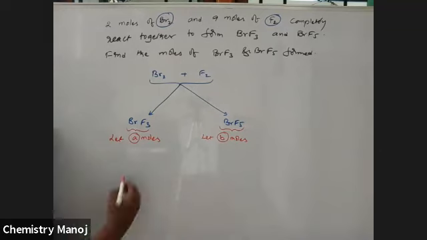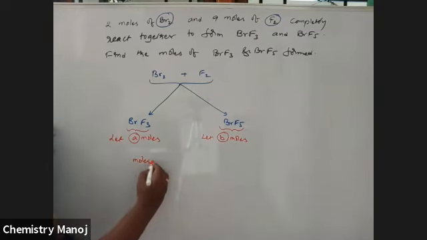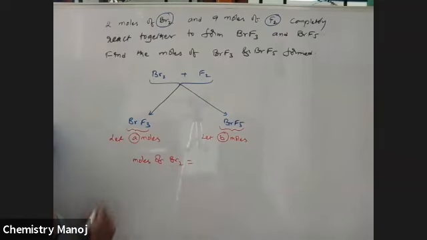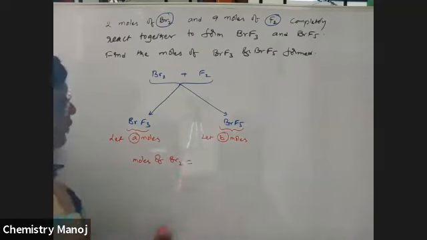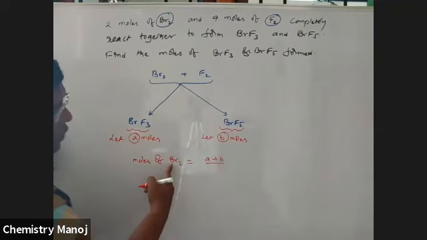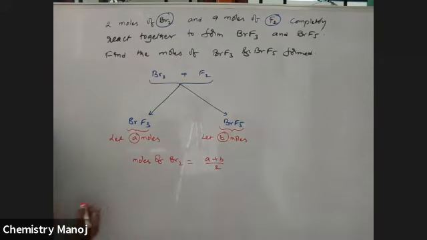Now, moles of Br2 is equal to A plus B by 2. Here A moles of bromine and B moles of bromine are there. That is the bromine atoms, but we are going to take molecules, so A plus B by 2.